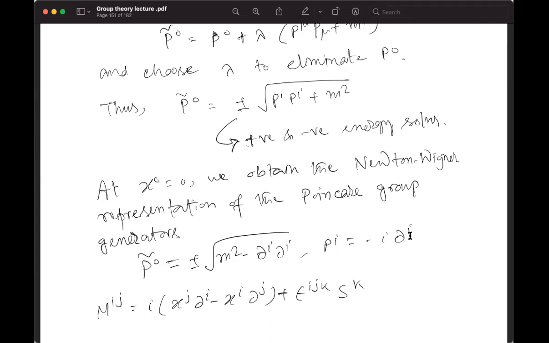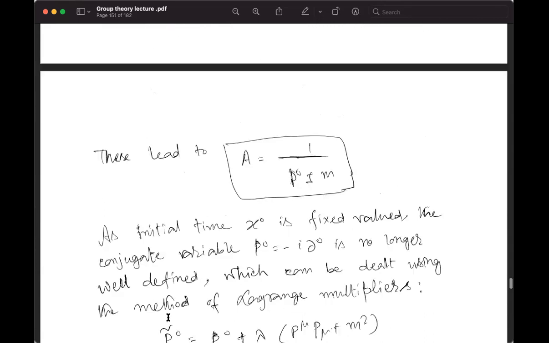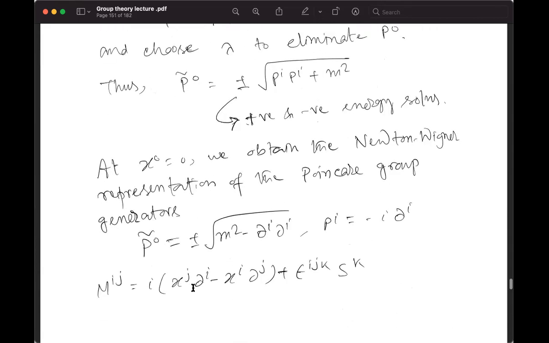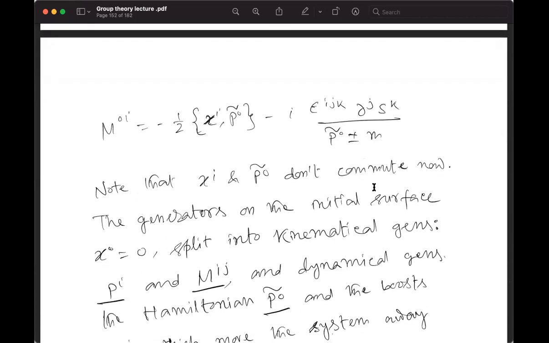Now M_{ij}, the way we define the M^{μν}, from there we can define the M_{ij}, which takes this form: xⱼ∂ᵢ − xᵢ∂ⱼ plus the spin term. And M_{0i} is basically minus 1/2 the anticommutator of xᵢ with P̃⁰, minus this term with ε^{ijk} ∂ⱼ S_k, with the A that you have calculated. So note that xᵢ and P don't commute.